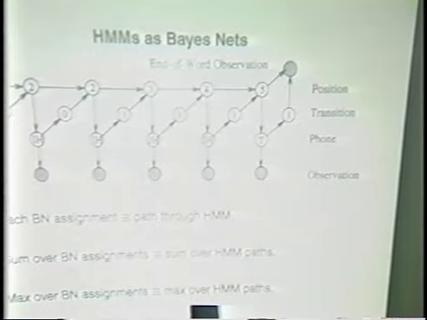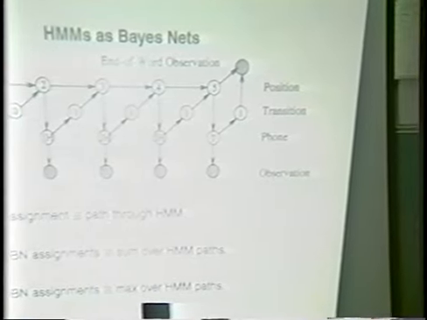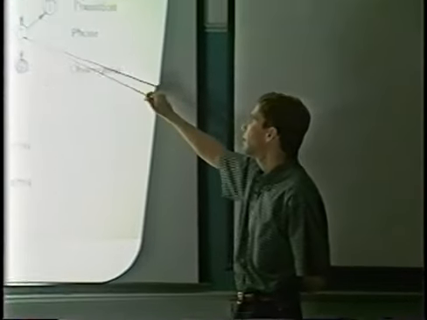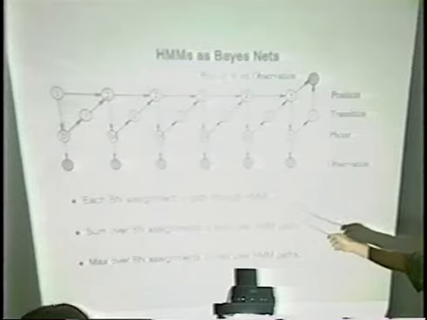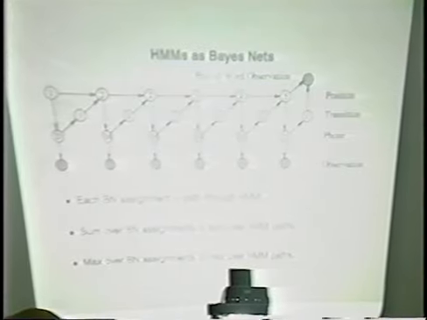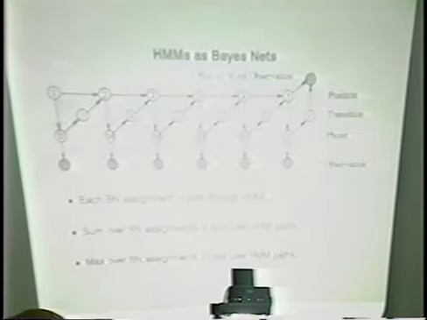So when you set up a network like this, you can then assign transition probabilities here and observation probabilities here in such a way that every assignment of values to the variables in the Bayes net corresponds to a single path through the HMM, and the probabilities that you get for those assignments correspond exactly to the probabilities that you have for those paths.